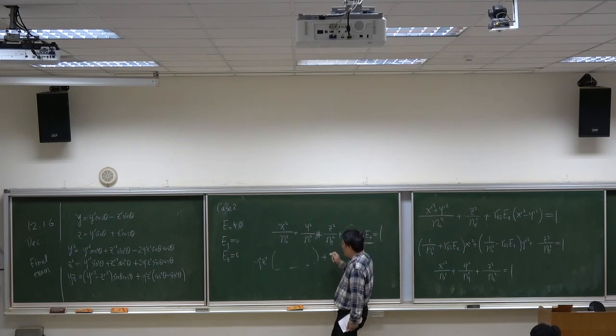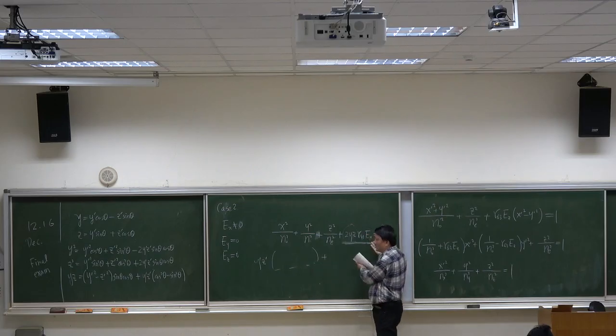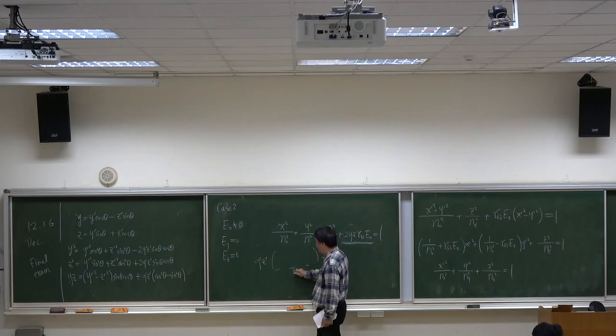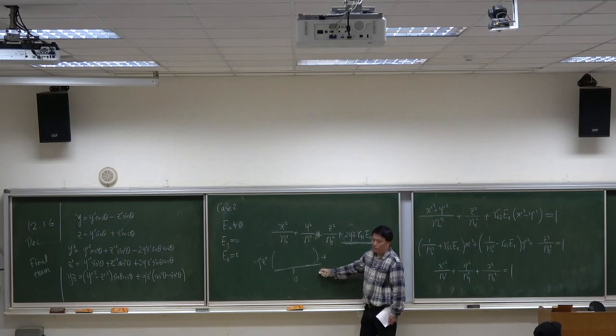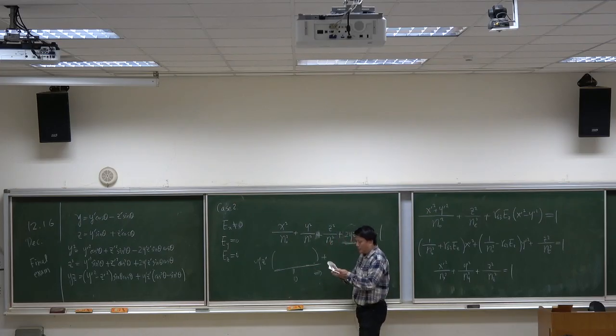Okay. However, now our purpose is to diagonalize this equation. So this means that we must choose theta so that the coefficient of y prime z prime equals 0. Okay. So this will give us the result about the angle.